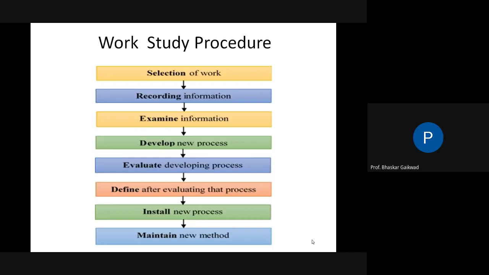You can select any work related area, record this ongoing process, critically examine this process, develop the new process, evaluate that process, meaning cost estimation, then we have to install that new process and maintain it. This is actually the work study procedure.